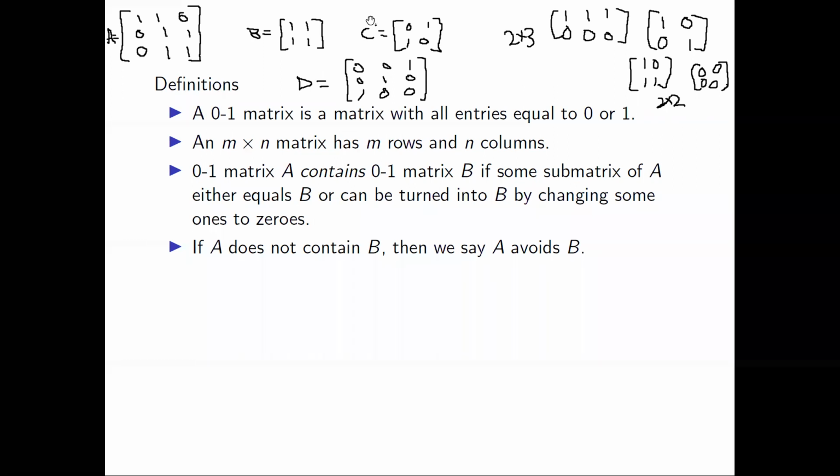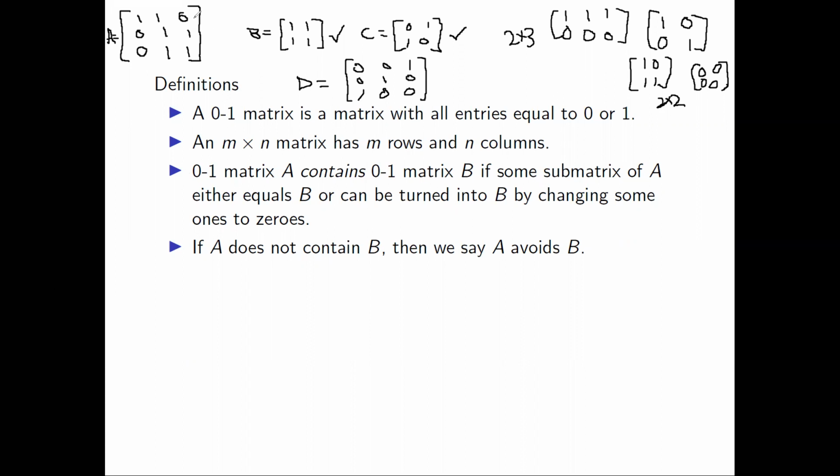And then let's look at the last example. So we've contained B, we contain C, but does A contain D? We can see that the only way for A to contain D would be if the submatrix was the whole matrix A, and we would need that submatrix, the whole matrix A, to be able to be turned into D by changing possibly some ones to zeros.